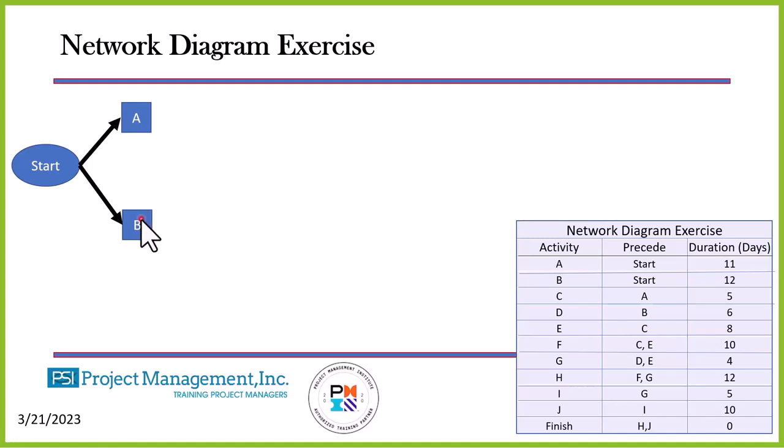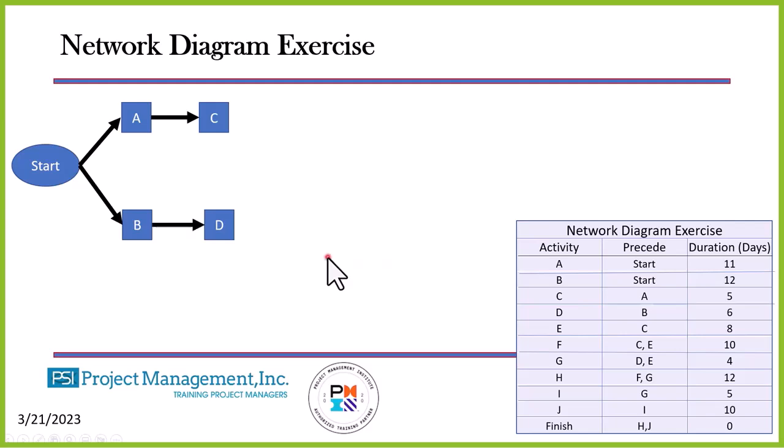I change gears a little bit. I ask the question, what does activity A precede? I look over here and I see that activity A precedes C. I put in C. Then I ask the question, what does activity B precede? Over here, B precedes D.